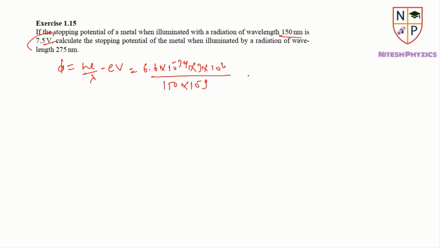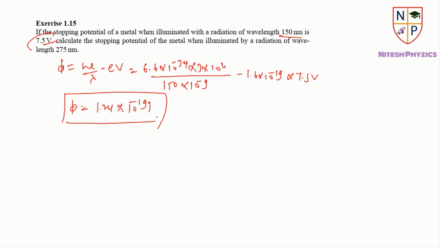Okay, and the value of e is 1.6 into 10 to the power minus 19, and the value of V here is given 7.5 volt. Okay, now convert all this and calculate, you will get the value of phi around 1.24 into 10 to the power minus 19 joule.